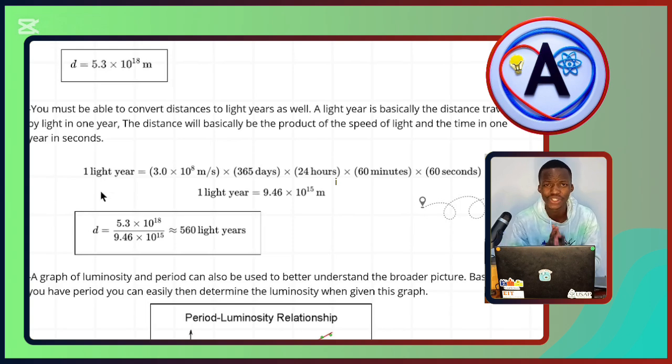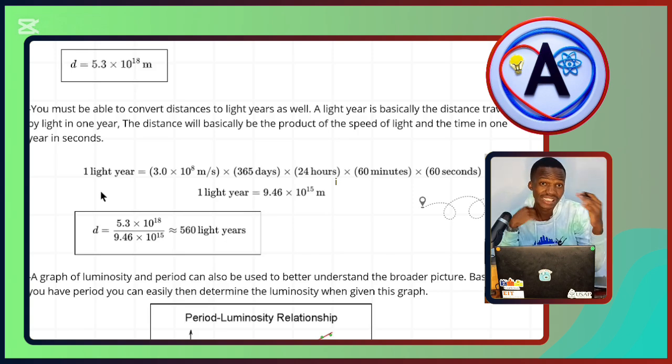Imagine light is on a journey, traveling. The distance traveled by light in 1 year is what we refer to as a light year. The speed of light is 3 times 10 to the power of 8. With 365 days in a year, 24 hours, 60 minutes, and 60 seconds, you can get the distance known as 1 light year.